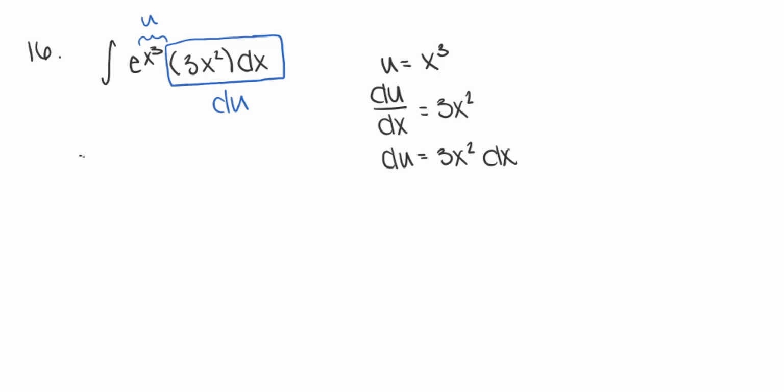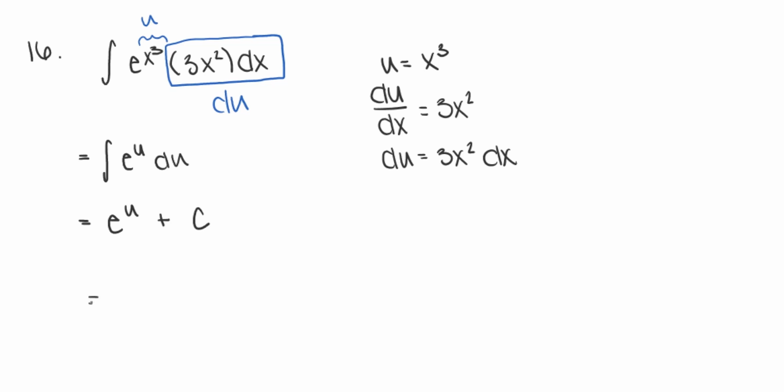So then we can say this is equal to the integral of e to the u du. And then we know what that evaluates to. That's just e to the u, which is just itself, plus c.